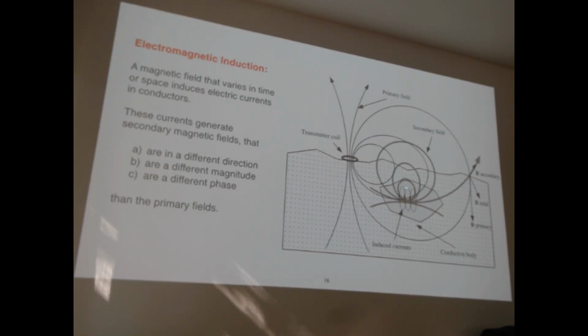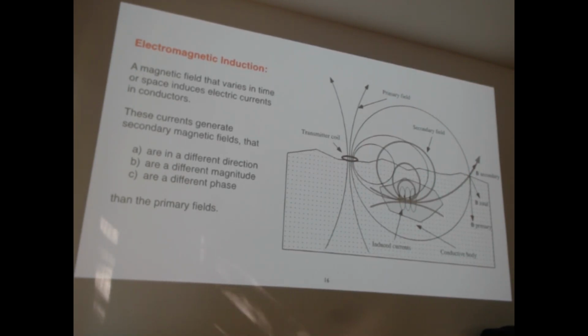And then these electric currents create another magnetic field. We call this the primary magnetic field. The electric currents drive a secondary magnetic field in the ground. That secondary field is different from the primary field in three ways. It's in a different direction; this orientation is different from this orientation, so the secondary fields are not in the same direction as the primary fields.